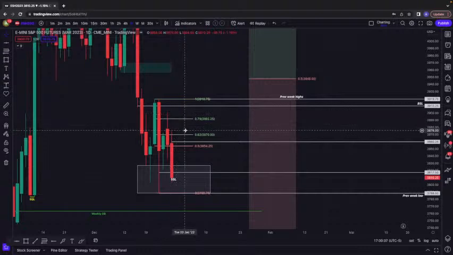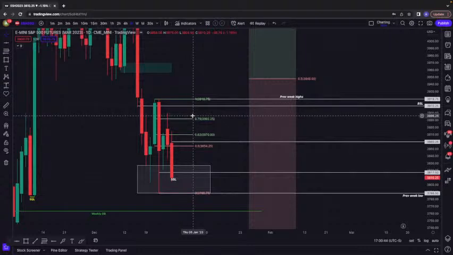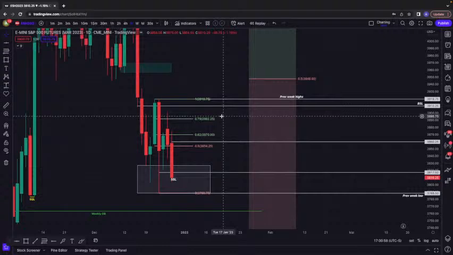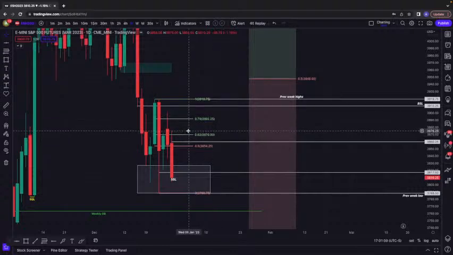And look at this wick coming down from it. It rejects out of that discounted area. That right there is enough to tell me that we are not going up into this daily fair value gap within the next day. And then today's candle was just confirmation bias.